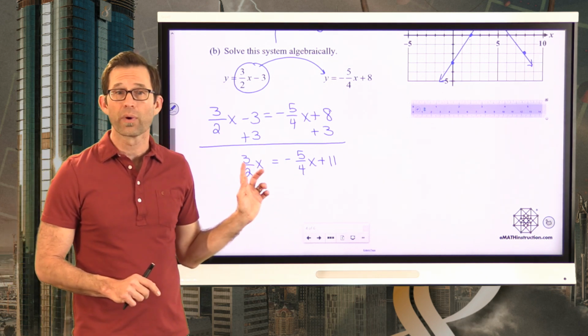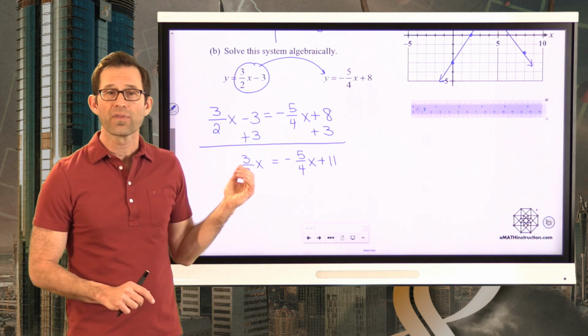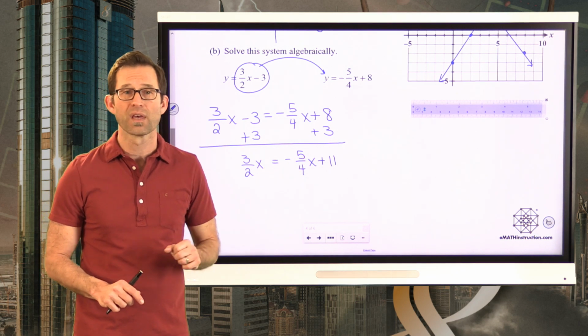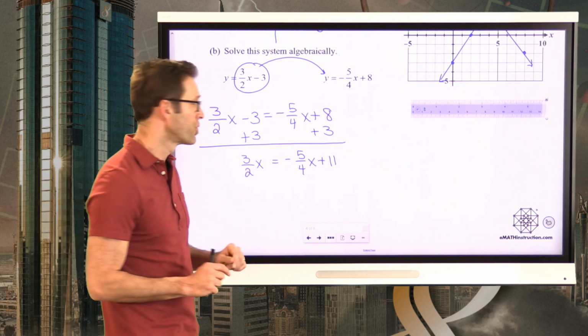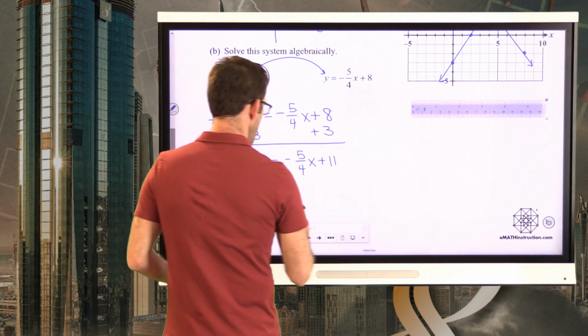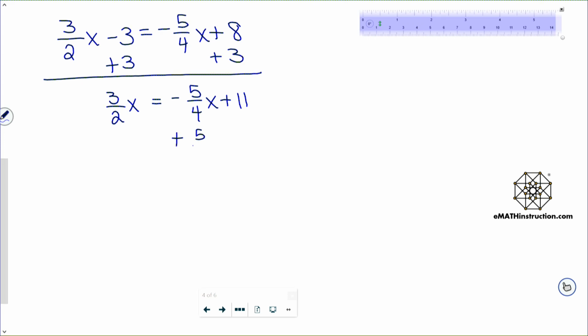Now, if that was 3x and negative 5x, I'd add a 5x to both sides, right? The fact that it's 3/2 x and negative 5/4 x doesn't change what I'm going to do, it just makes it more difficult. Because what I've now got to do, let me extend the page a little bit, is add a 5/4 x to both sides. Whereas it's natural to just say 3 plus 5 is 8, it's a lot harder to think about what 3/2 x and 5/4 x are.